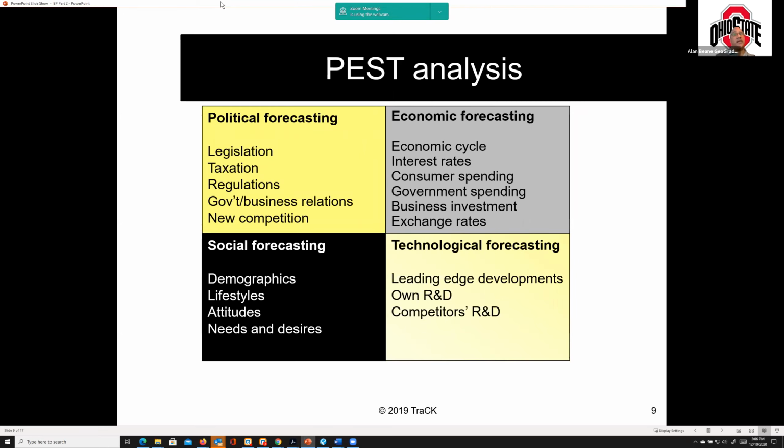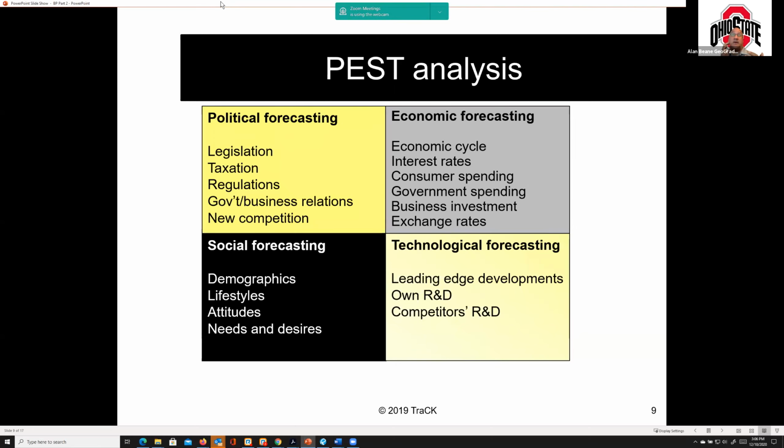Consumer spending habits, that could impact your potential clients. Government spending, again, that could impact your revenue outlook in terms of potential clients. I'm sorry, projects, business investment, exchange rates, all these different things are just samples and ideas to consider when you're going through your PEST analysis.